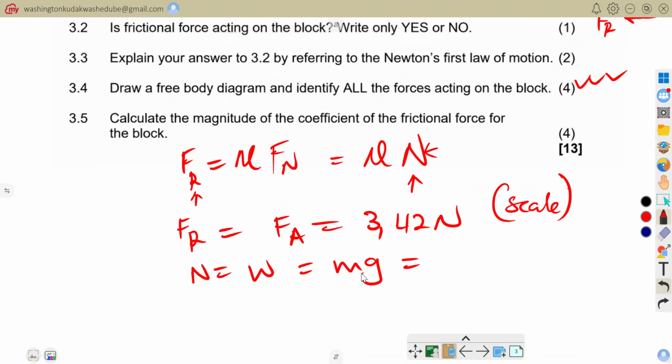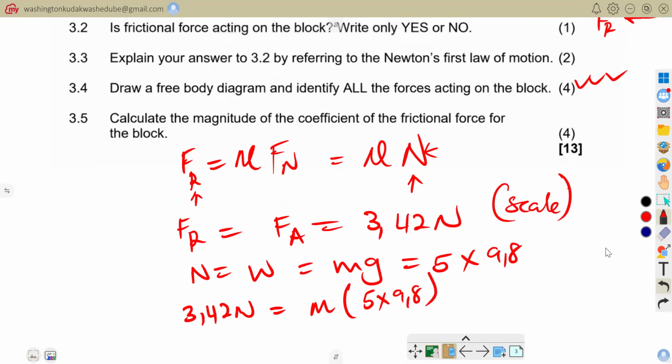Now the mass of the object, they said it's 5 kg, and we know that the gravitational acceleration is 9.8 meters per second squared. So here we now have 3.42 newtons being equal to the coefficient of friction times 5 times 9.8.